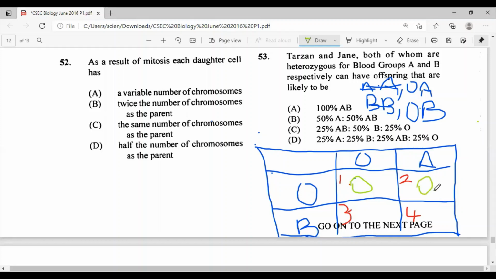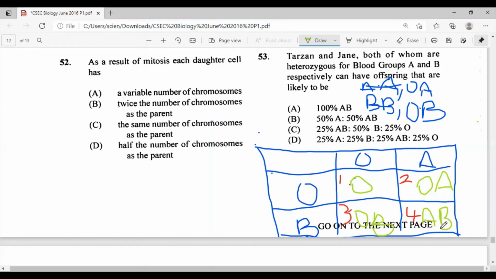Put your O, put your A. The next one would be this B times O, so we have OB. Right? Then the last one would be this A times this B, so we'd have AB in the fourth quadrant.